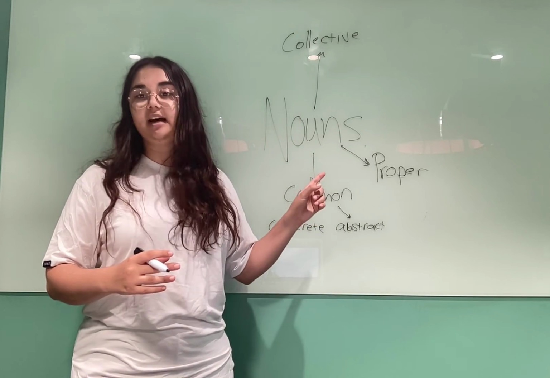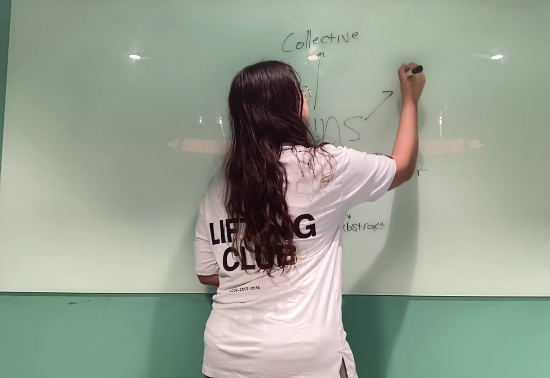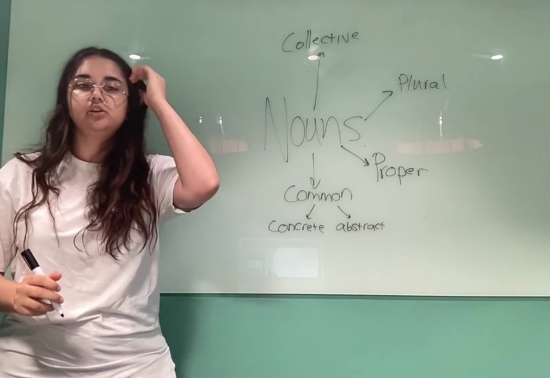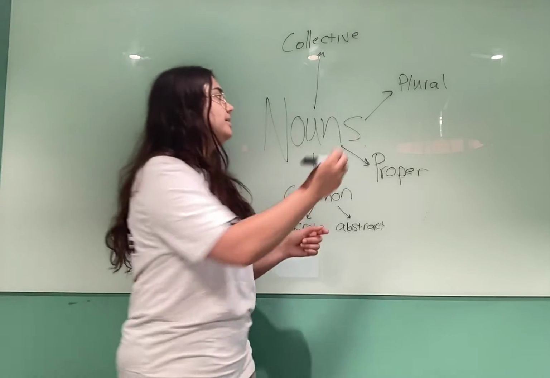We only have one type left, which is plural nouns. So we have regular plural nouns and irregular plural nouns. I'm going to write them down.